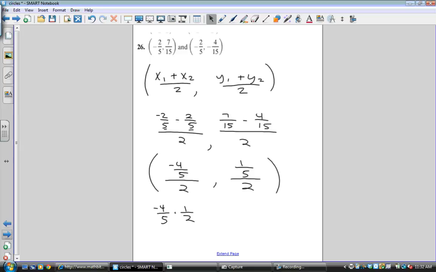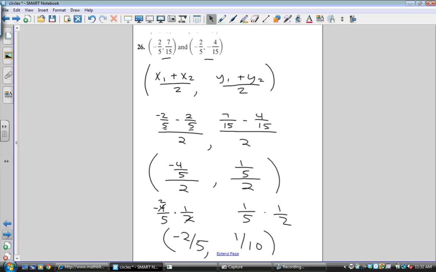Okay, now I could cancel here. 2 would go into 4 2 times, so that's going to leave me with negative 2/5 for my x-coordinate. Now for my y-coordinate, the same thing. 1/5 divided by 2 really means to multiply by the reciprocal, which would be 1/2. And so that gives me 1/10. Okay, so there again, that represents the point that's halfway in between these 2 points.